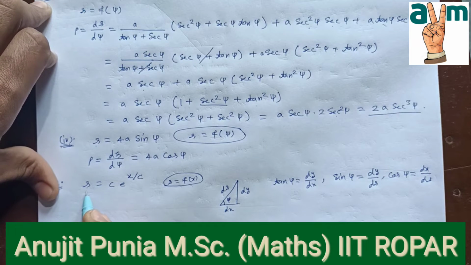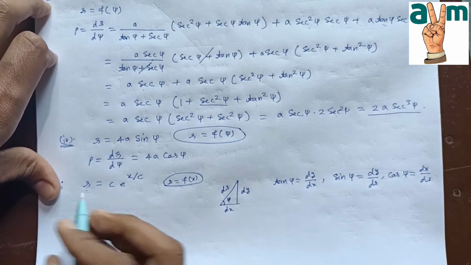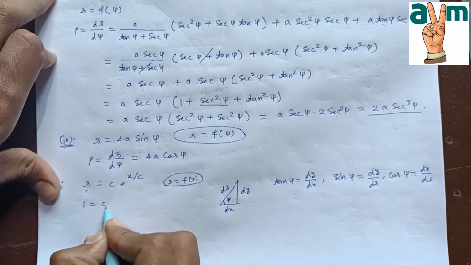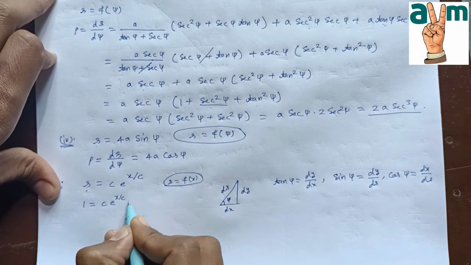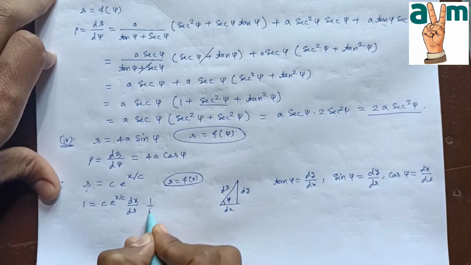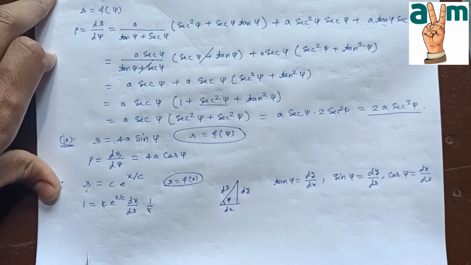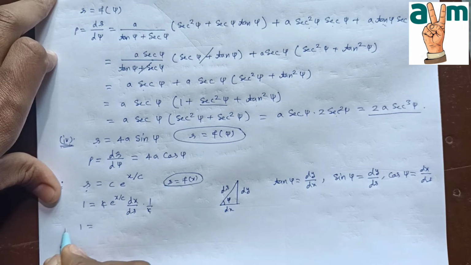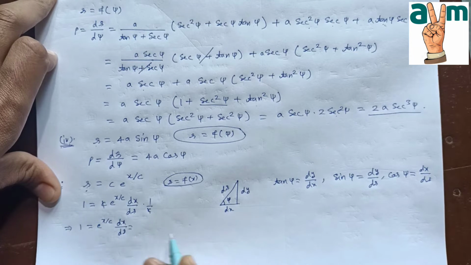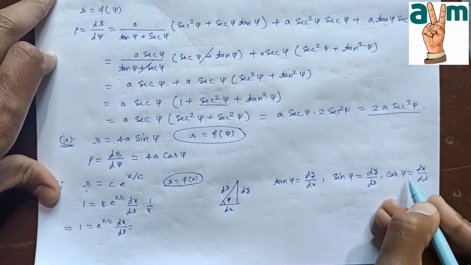So here we will take the derivative with respect to s. The derivative with respect to s is 1, equal to e to the power x upon c, dx upon ds. From c to c is cancelled out. So 1 is equal to e to the power x upon c, dx upon ds. dx upon ds is equal to cos psi.